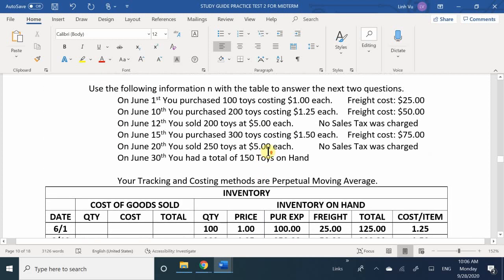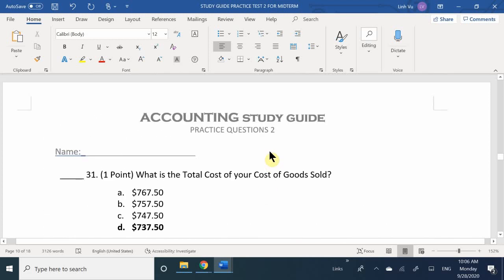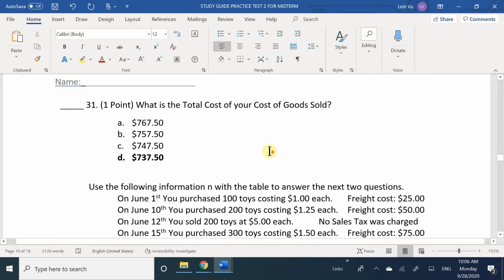So, for the exact example that we have in the exam, when you do moving average, I'm going to tell you specifically your answer needs to be rounded to the nearest penny. So for the ending inventory, your answer needs to be rounded to the nearest penny. Okay?